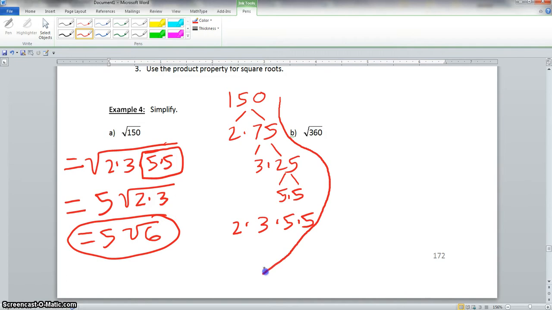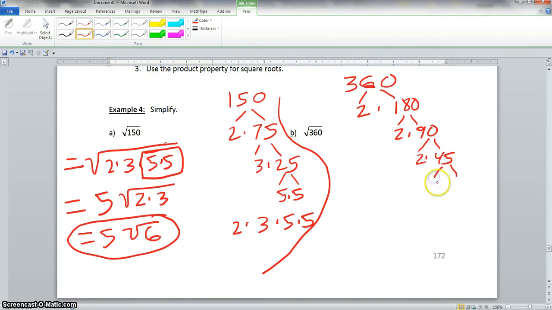Now let's go over here to 360. I'm going to write this here, the prime factorization of 360. You have 2 times 180, and then 2 times 90, 2 times 45, 5 times 9, and finally 3 times 3.